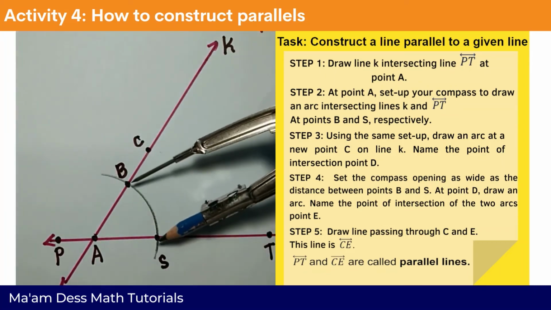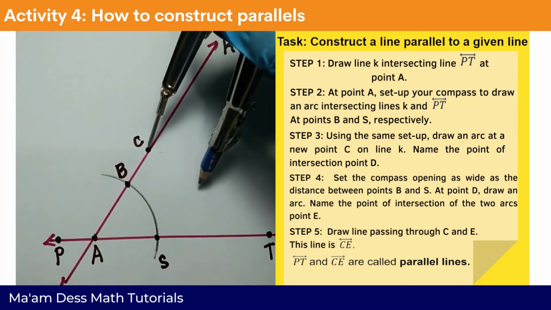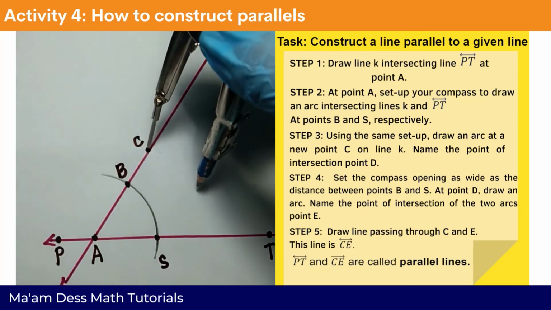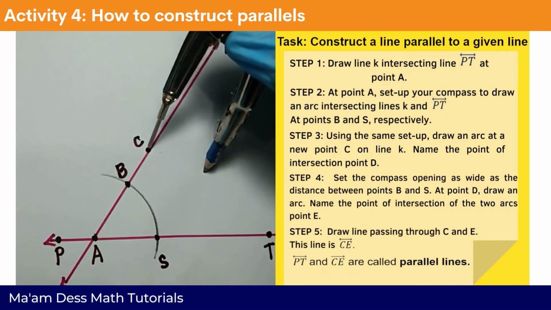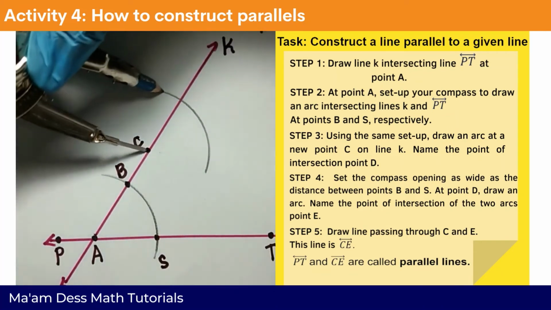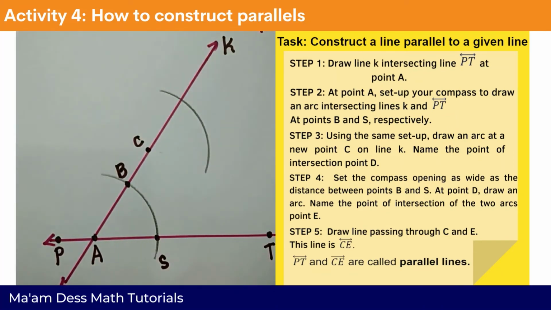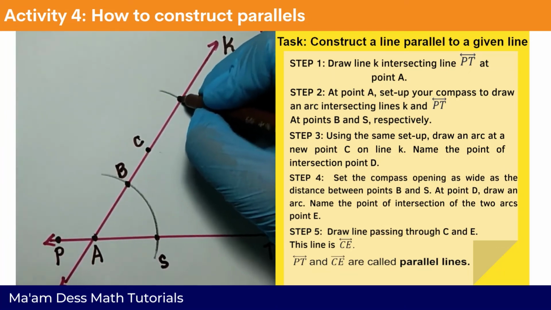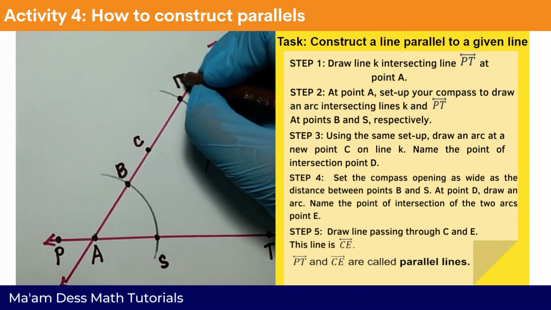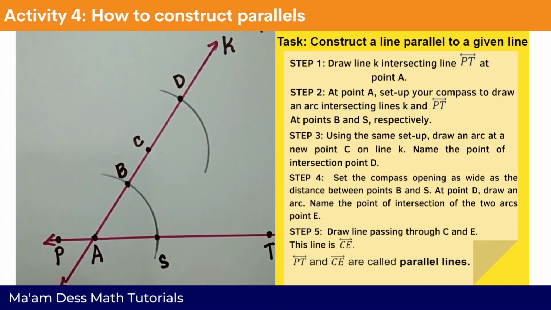So, do not change the setup of the compass at point C. Okay? And then, look for the intersection. You can label it with point D. Next, step 4.